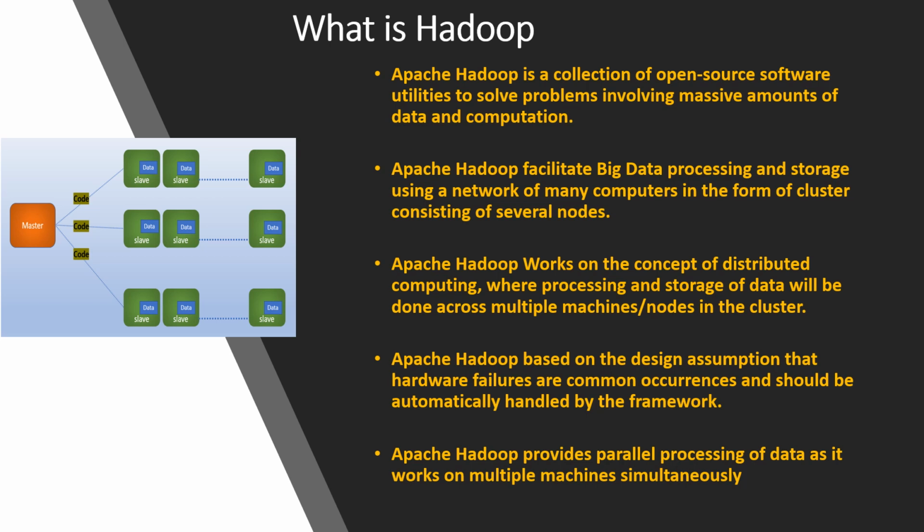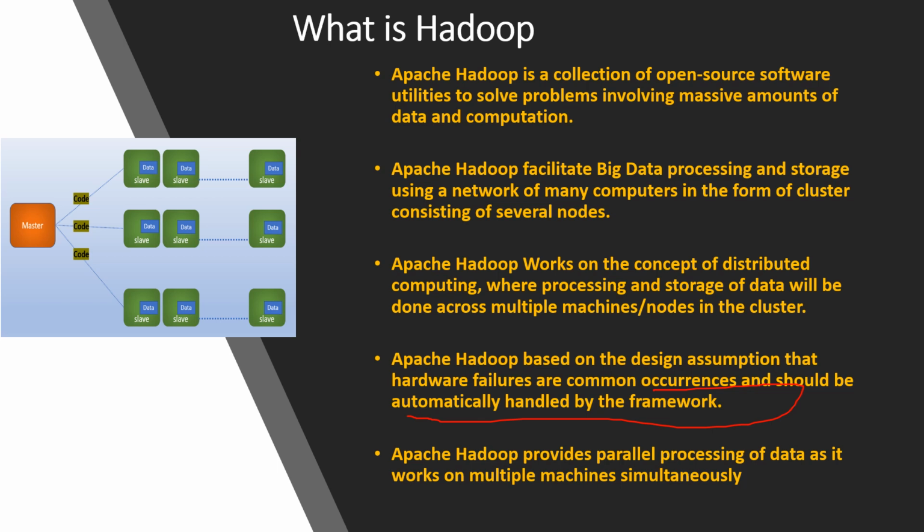Another important factor about Apache Hadoop is that it is based on the design principle that hardware failures are a common occurrence, and that the framework should be robust enough to automatically handle the situation where one particular machine or one particular node is down.